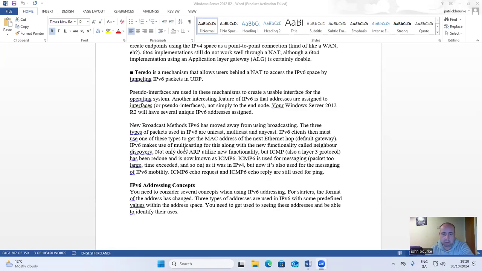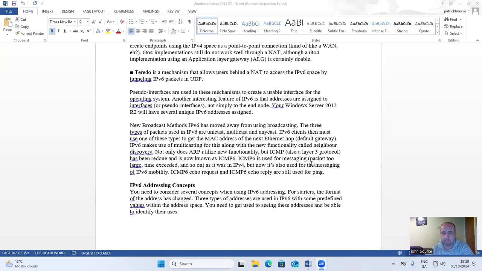IPv6 makes use of multicasting for this, along with new functionality called neighbor discovery. Not only does ARP utilize new functionality, but ICMP, also a layer 3 protocol, has been redone and is now known as ICMPv6.